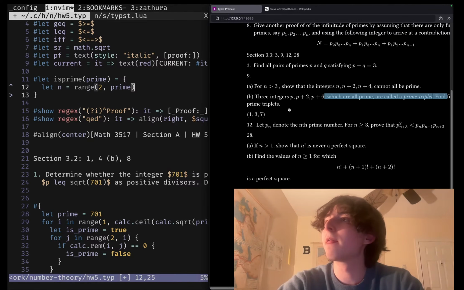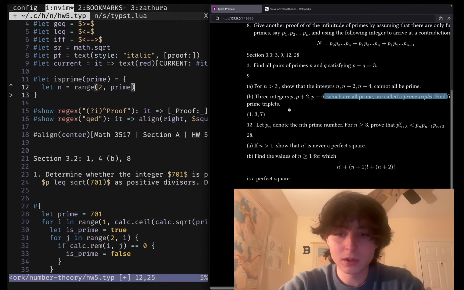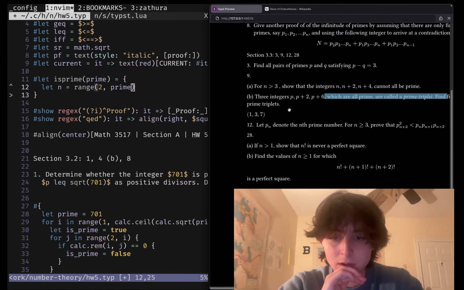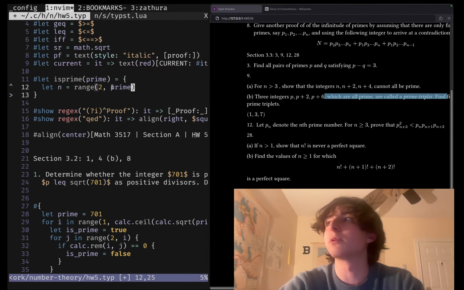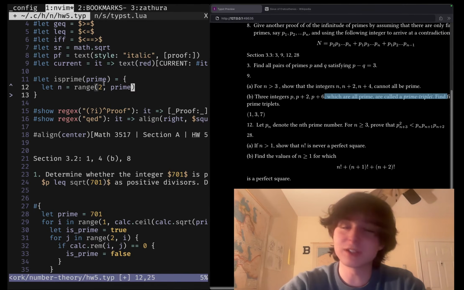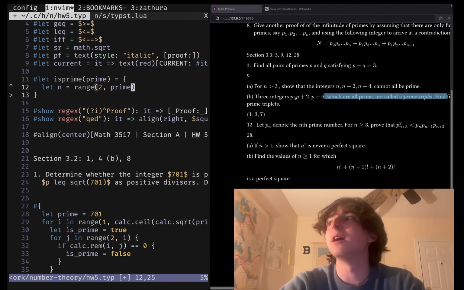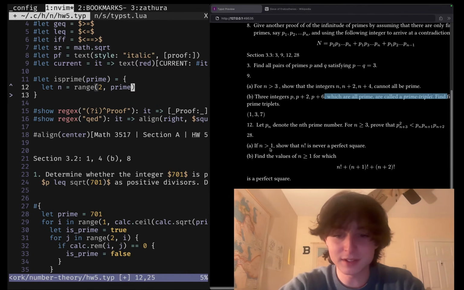So... Oh, well, what we can do is, if we run the sieve of Eratosthenes and get all the primes, then for each of those elements we can check if p and p plus 2 and p plus 6 is in there. No, this is just for fun. I think I'm supposed to do it manually.